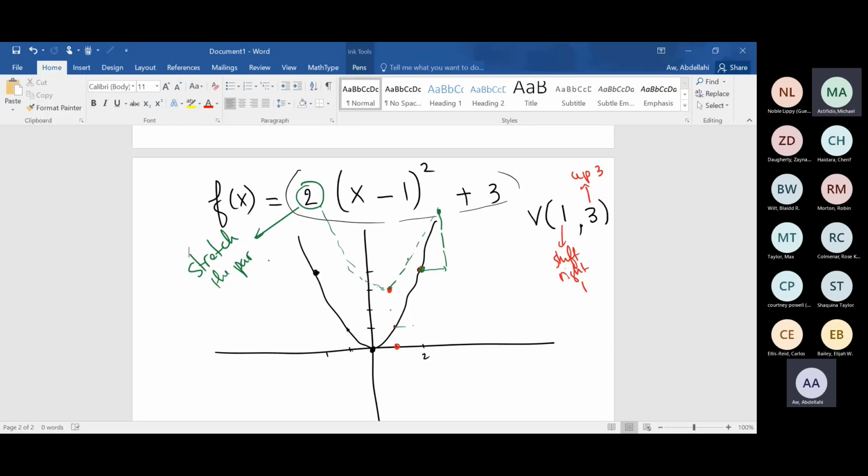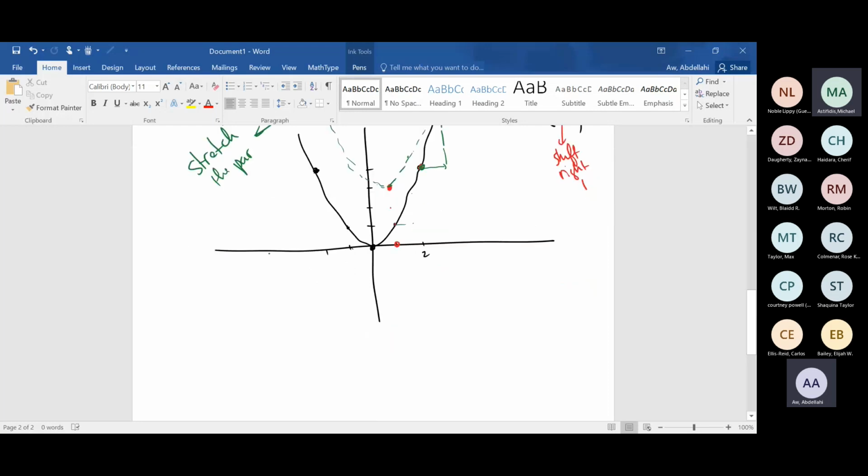The vertex tells you always, the H tells you how much you go right or left, and the K tells you how much you go up or down, right? From the original parabola, which is f of x equal x squared. The H tells you the horizontal transformation, and the K tells you the vertical transformation, okay?